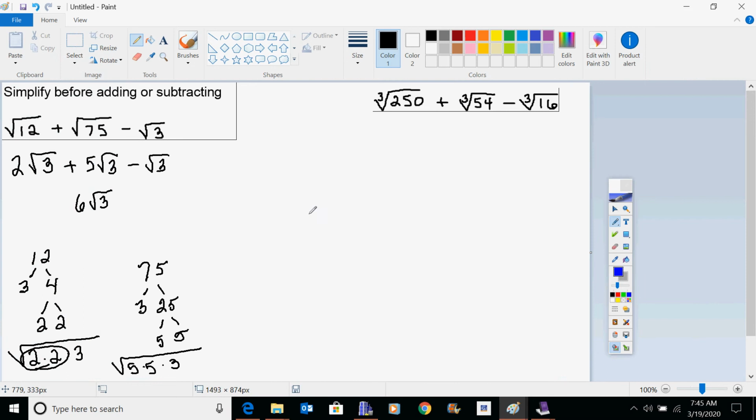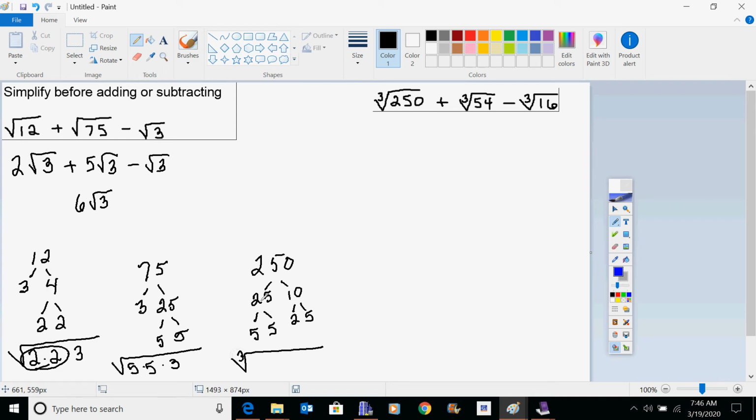Here we have the 250. So we have to break down our 250. I'm seeing 25 and 10, but you can break this down in whatever way that you want. And then I'm seeing 2, and I'm seeing 5, and I'm seeing 5 and 5. Once again, for our roots, and somebody had asked a question also that they weren't clear on simplifying the roots.